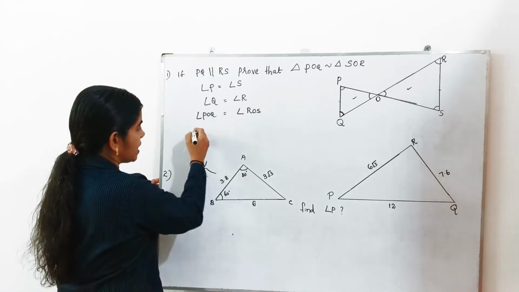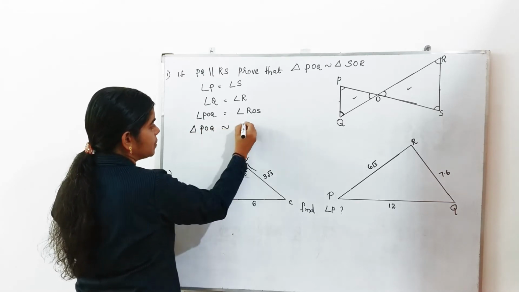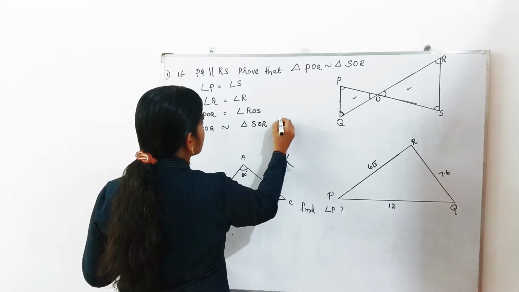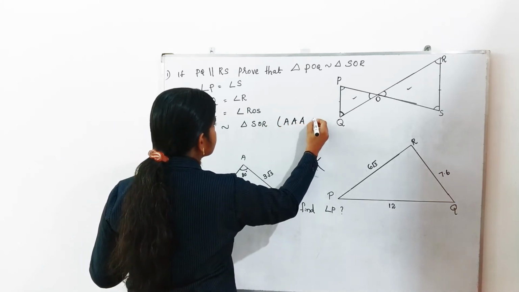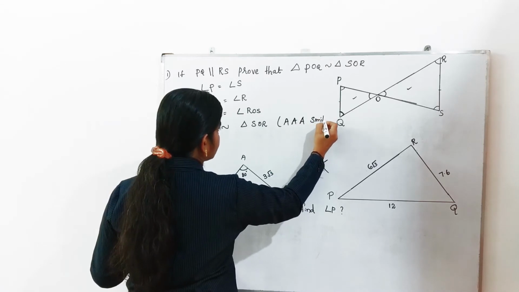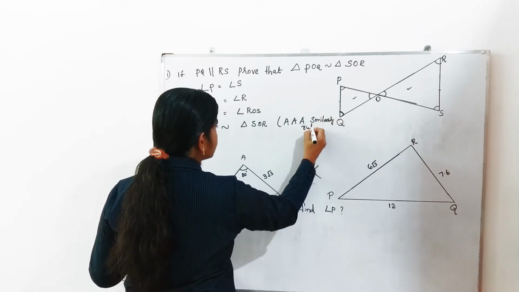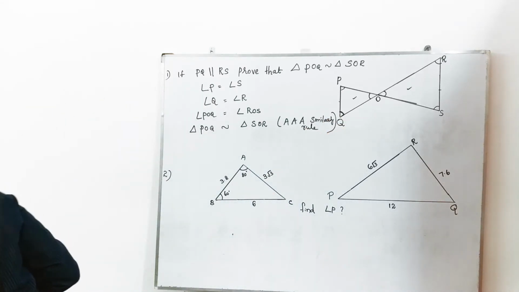Then triangle POQ is similar to triangle SOR by what rule? AAA similarity rule. By AAA similarity rule, the two triangles are similar.